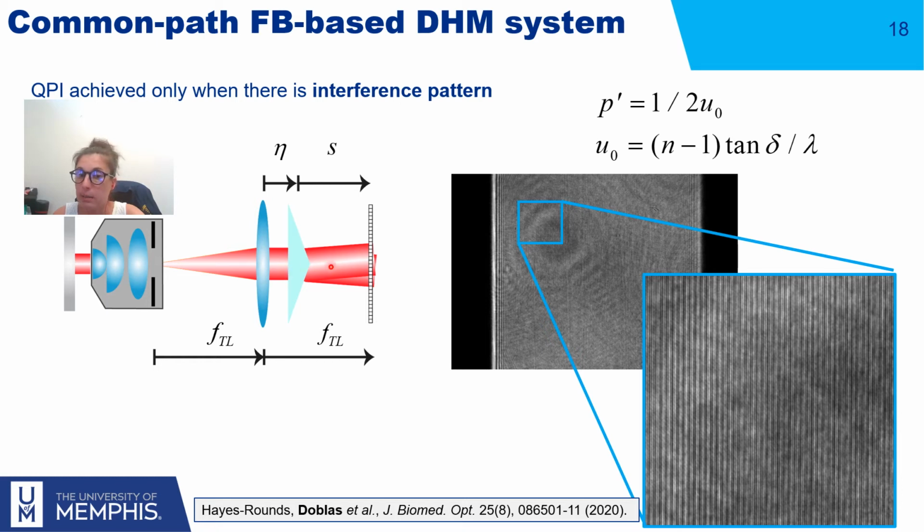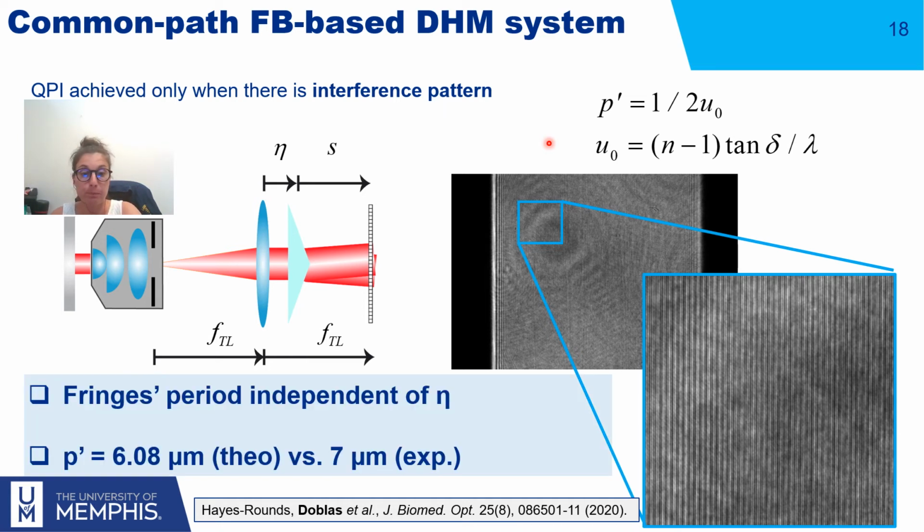So regardless of the position of the Fresnel biprism, we have fringes that have around the same lateral period, and the lateral period is related to the refringence angle of the Fresnel biprism.